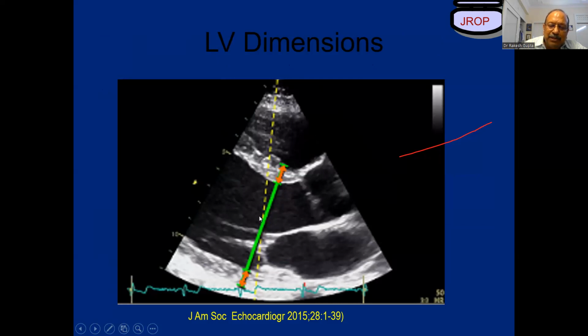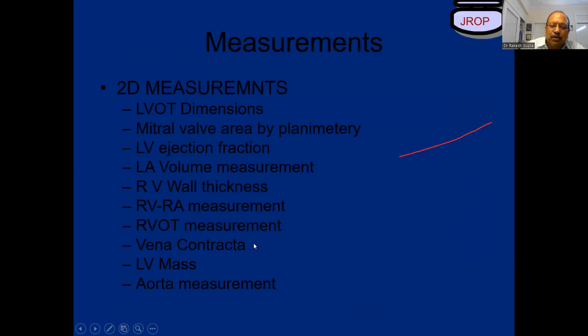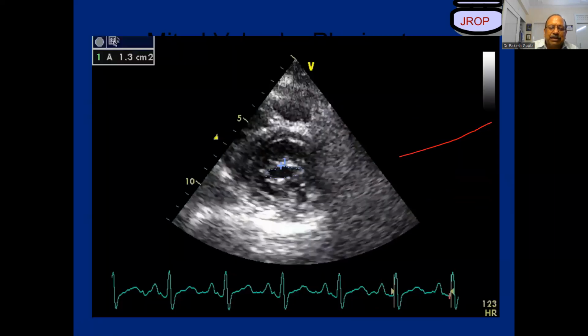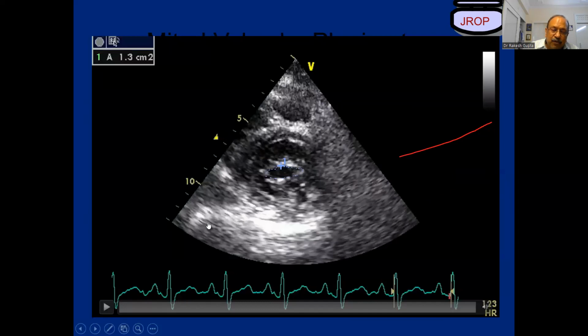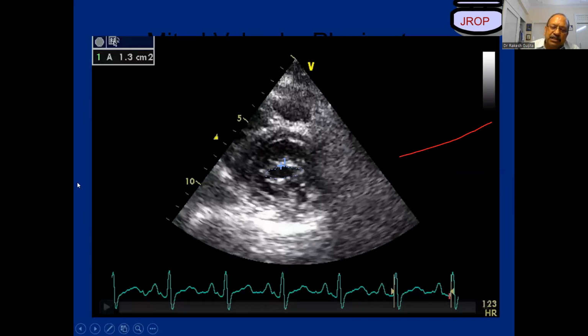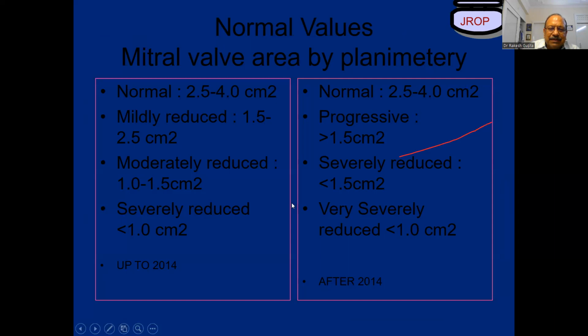If I come from the papillary muscles towards the mitral valve, whatever first structure is seen is the mitral valve area at the tip of the mitral valve. That's the most important thing for calculation of mitral valve area by planimetry. This planimetry can be done very well if you go back to your parasternal short axis view at the papillary muscles and then start coming back towards the aorta, then you'll come across the first tip of the mitral valve leaflet, which is the mitral valve area.